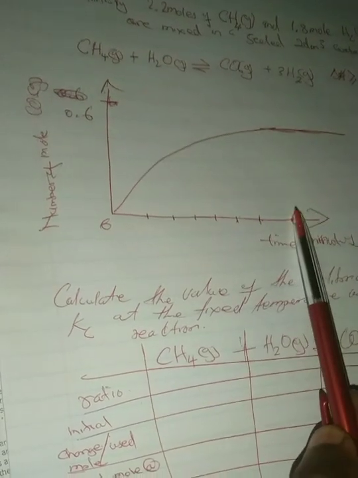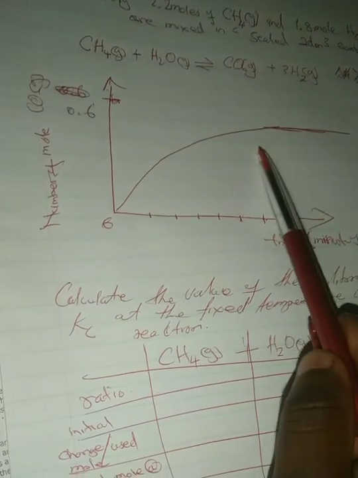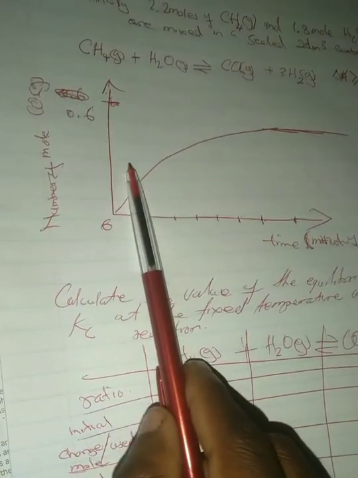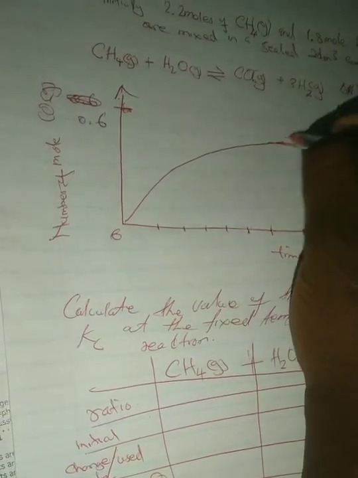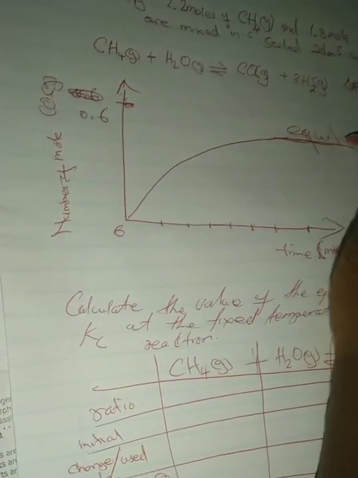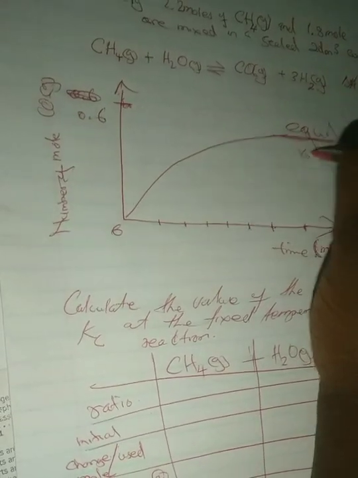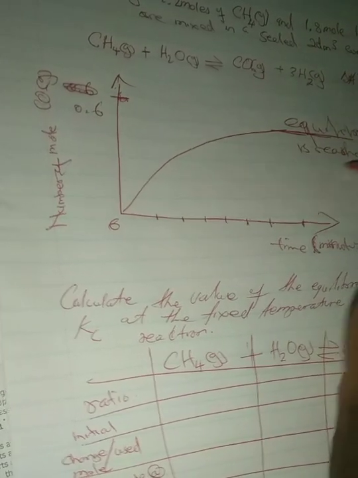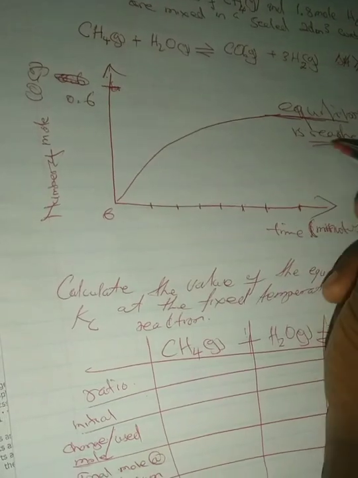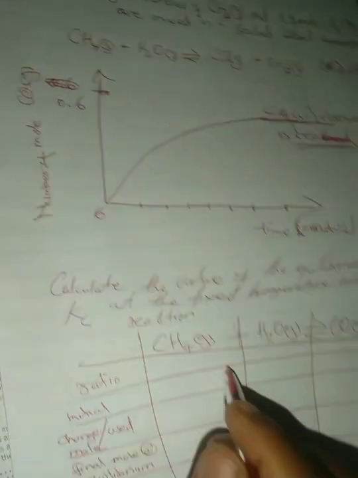However, at a certain time we end up with a fixed number of moles, which means we have equilibrium. Equilibrium is reached in that case.